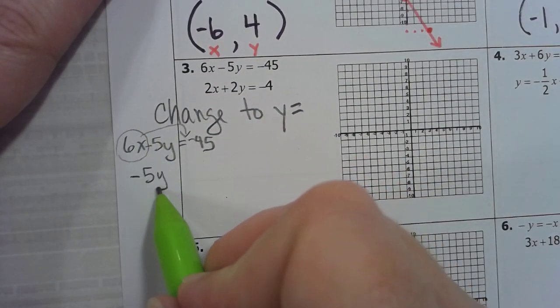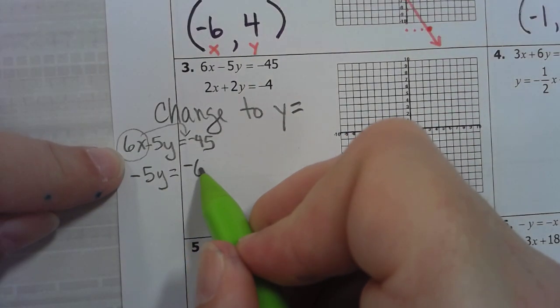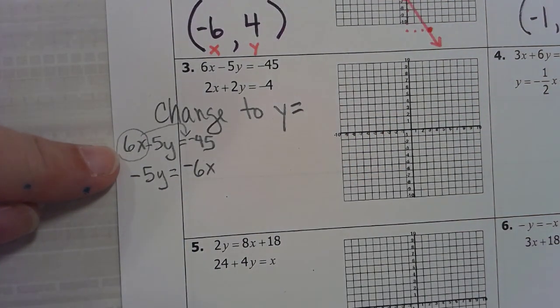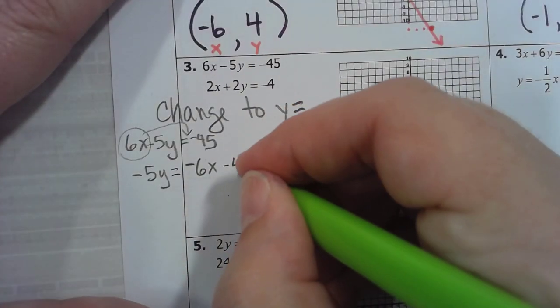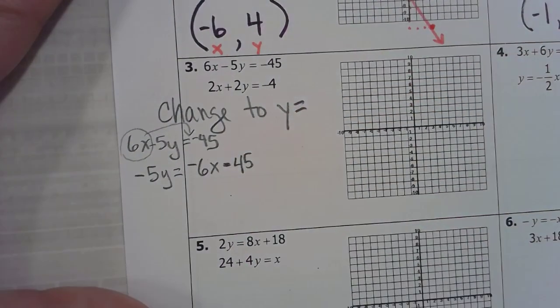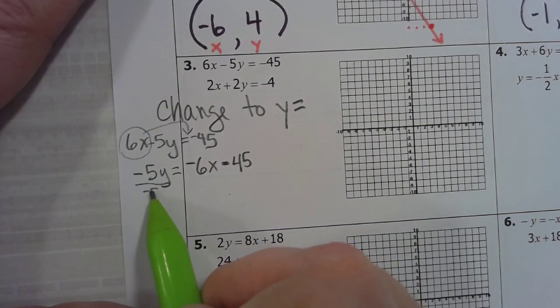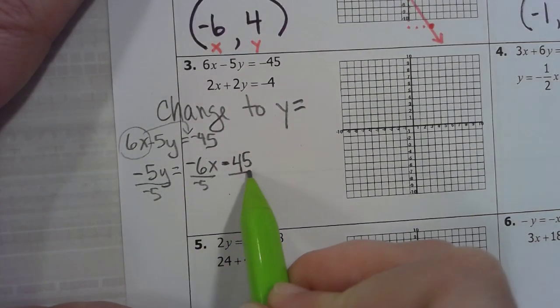So the -5y is going to stay there, and the -6x is going to go in front of the -45. Then we divide all the way across by whatever's in front of y.